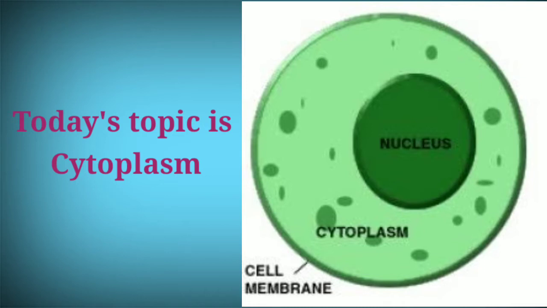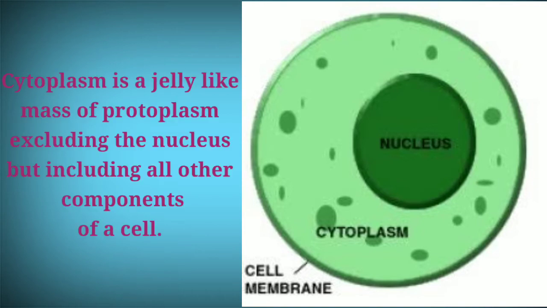Now, when I say cytoplasm, what does it mean? So, cytoplasm is a jelly-like mass of protoplasm excluding the nucleus and including all other components, that is the cytoplasmic matrix, cell organelles and the cell inclusions.